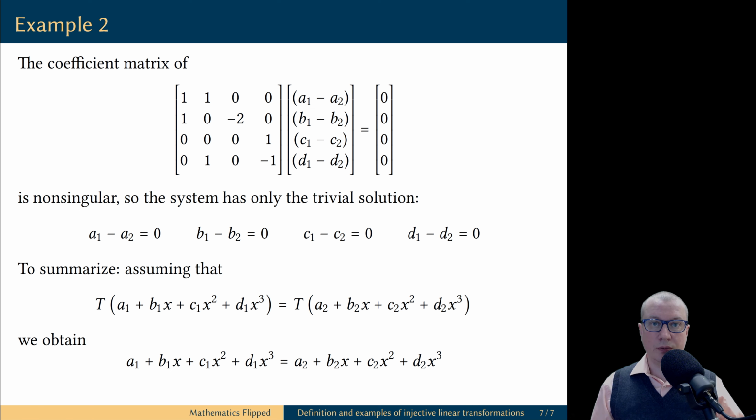So we assumed that the linear transformation T has the same value on two input polynomials, and we were able to show that this forces the two input polynomials to be equal to each other. This is exactly what it means for the linear transformation T to be injective.